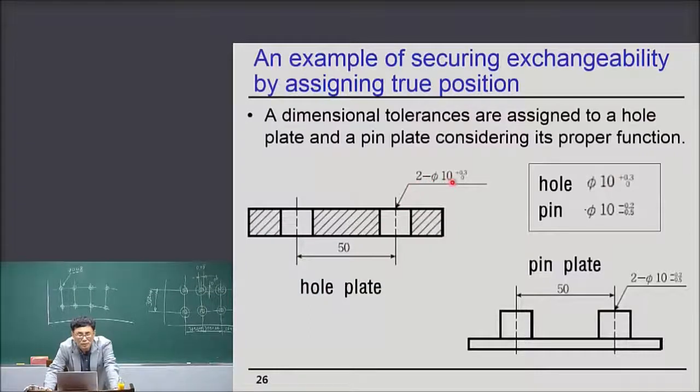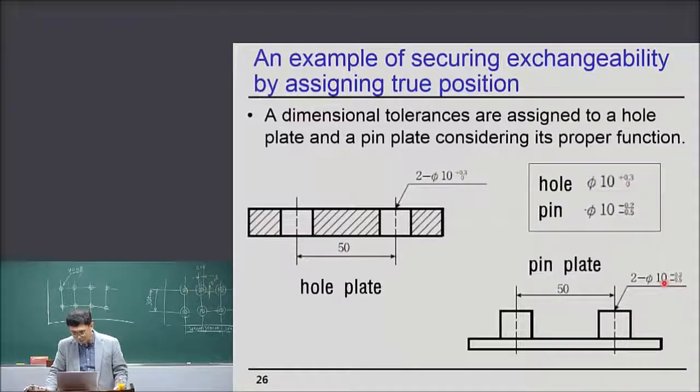The MMC hole, the smallest hole size, is what? 10.0. The MMC hole diameter is 10.00, and here for the MMC pin plate, what is the diameter of the MMC pin?